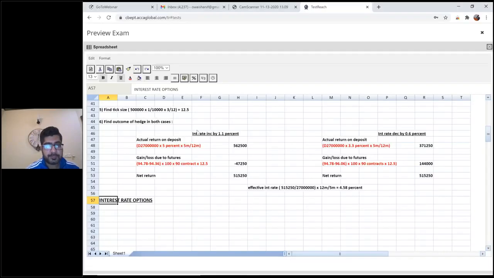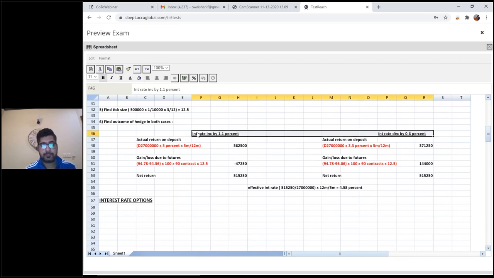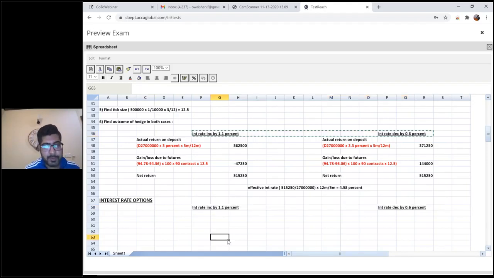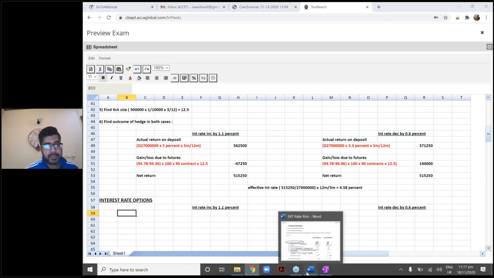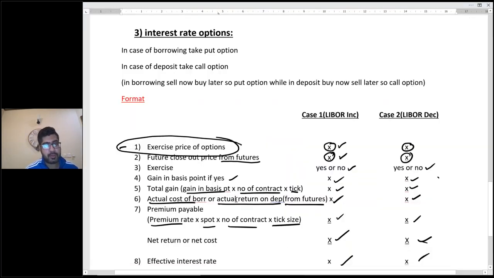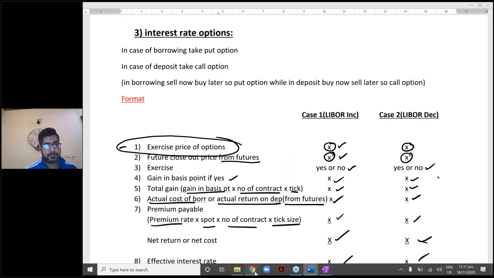The first is two columns, increase by 1.1, decrease by 0.6. Okay, now you need to make the format of options. The first step is the exercise price of options, then the future closeout price from futures.